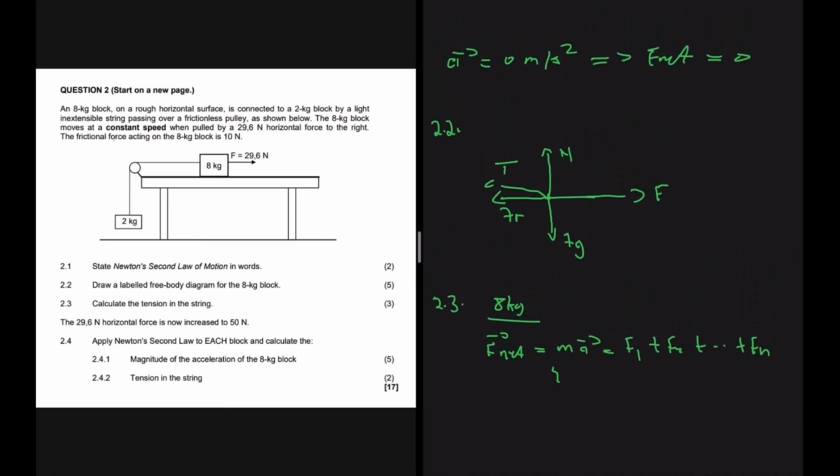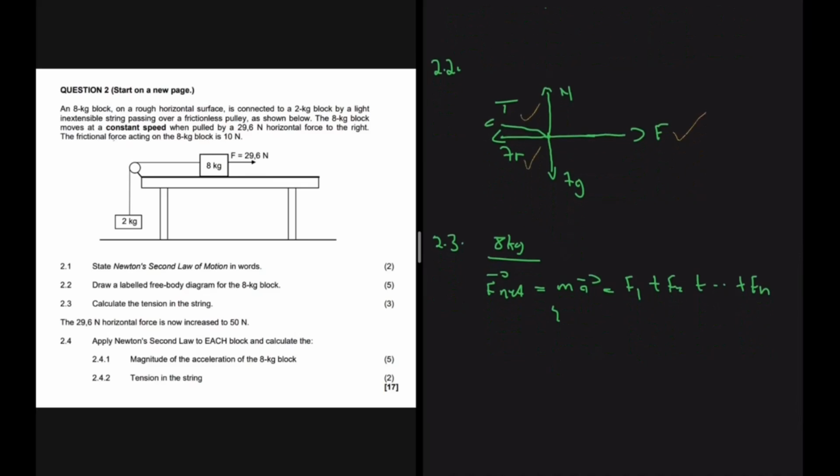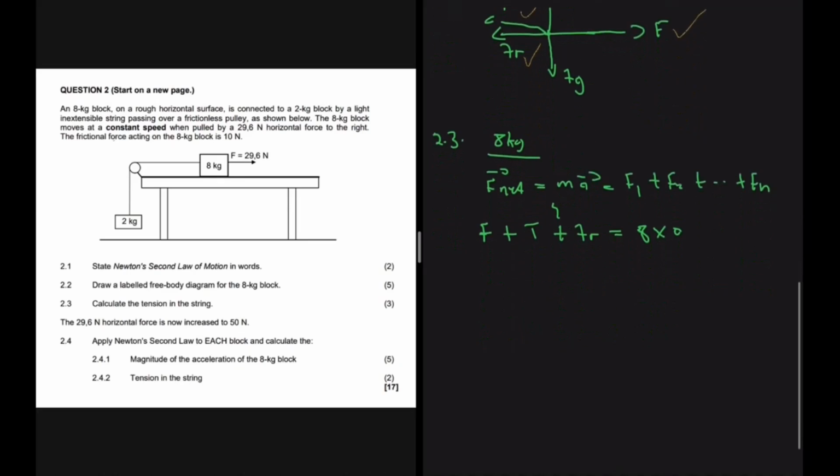From 2.2 we have the force applied, the tension, and the friction. So we have the applied force plus the tension force plus the frictional force equals 8 kg multiplied by 0, because the acceleration is 0 since it is moving at constant speed.